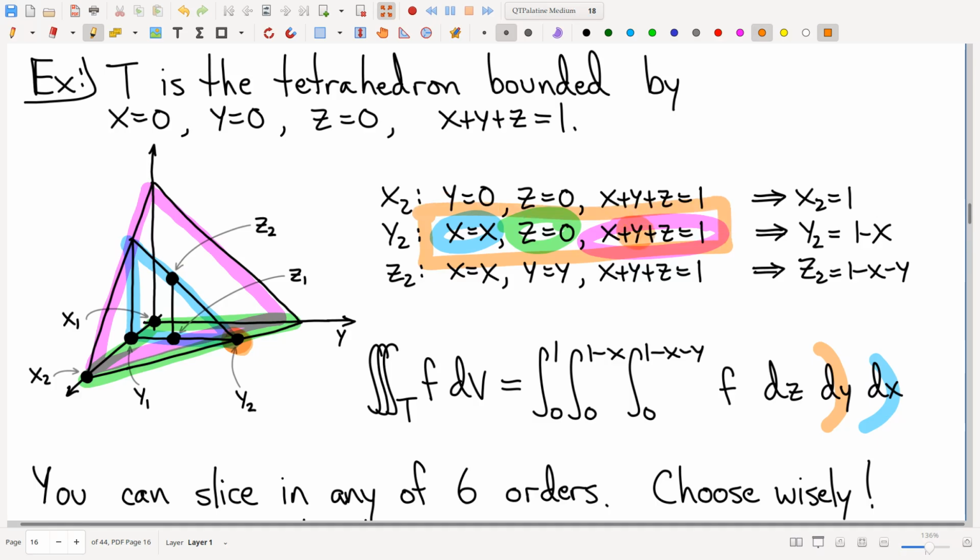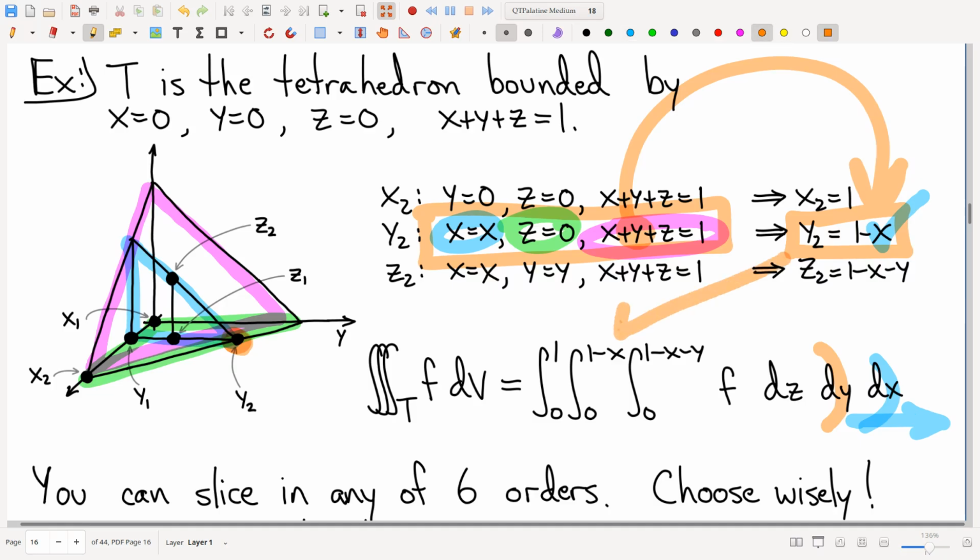And this is where what I said before actually is true. This is a function of one of the other variables. You solve for y here, and the best you can do is to get that y is this function of x. It's allowed to be a function of x because x is further to the outside. All good. And then this is our upper bound for y. Everybody happy?